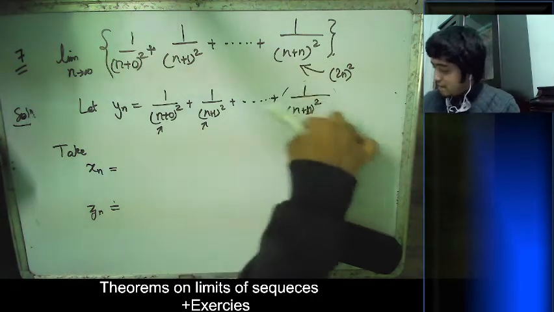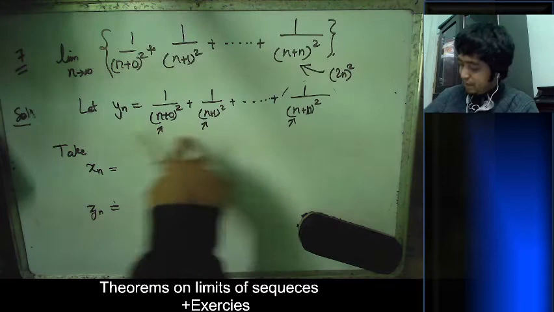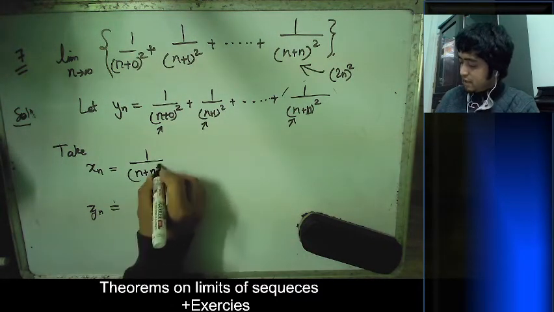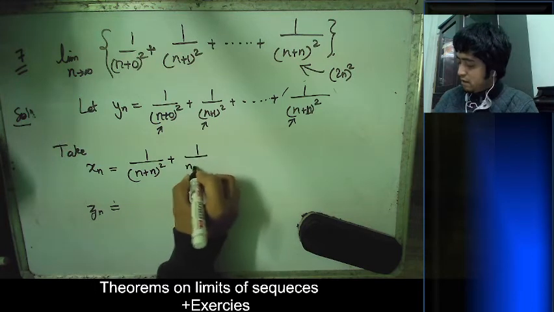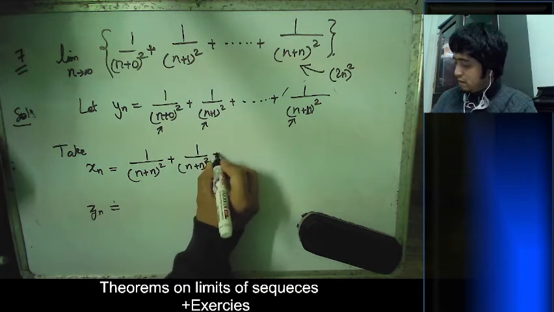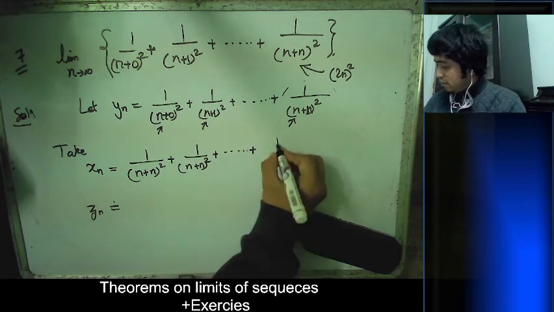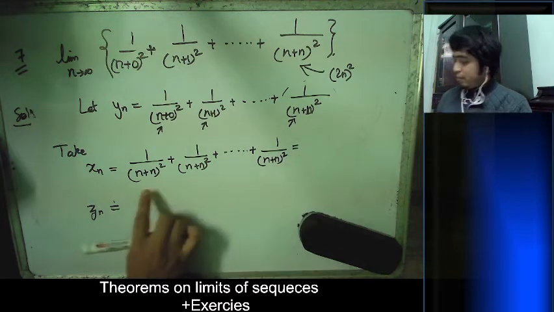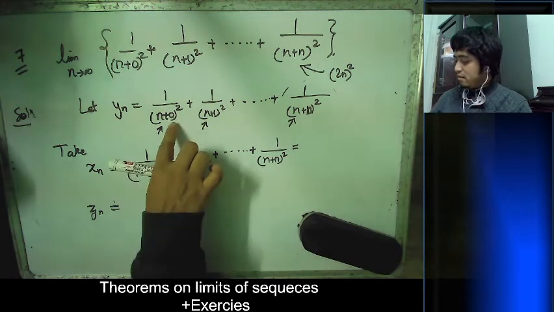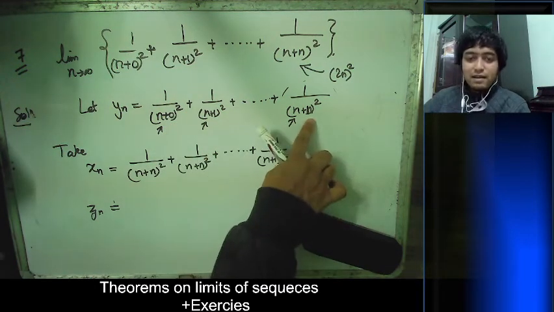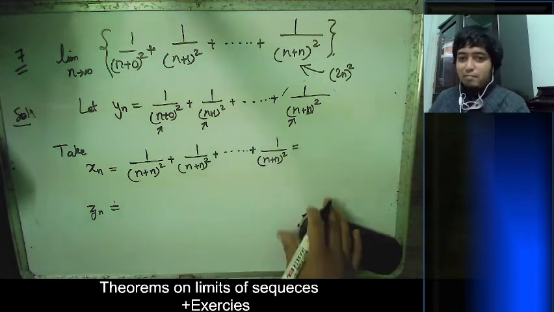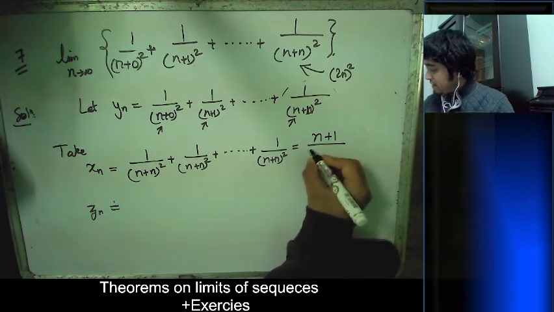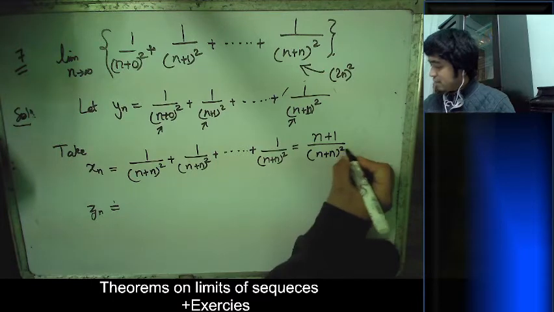So that is why this is the smallest term. So we will replace everywhere with the smallest term, n plus n whole square. If you count how many terms are there, 0, 1 up to n, so we will be having n plus 1 terms: n plus 1 by n plus n whole square if you add them.